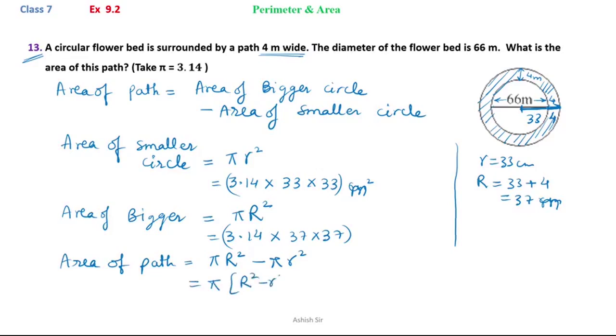So R square minus r square, pi value 3.14, into 37 square, the area of bigger circle, minus 33 square, the area of smaller circle. Now here we have to apply the squares. So 37 square minus 33 square.